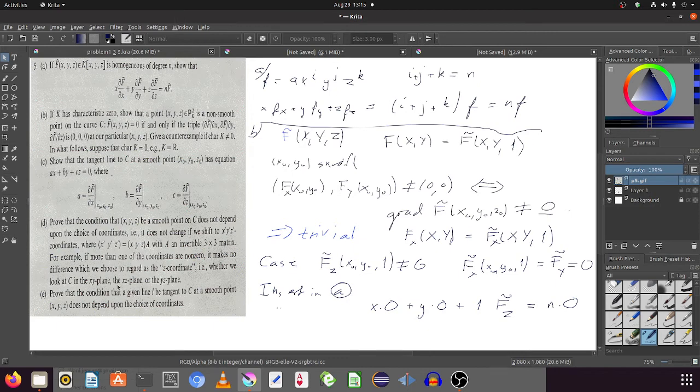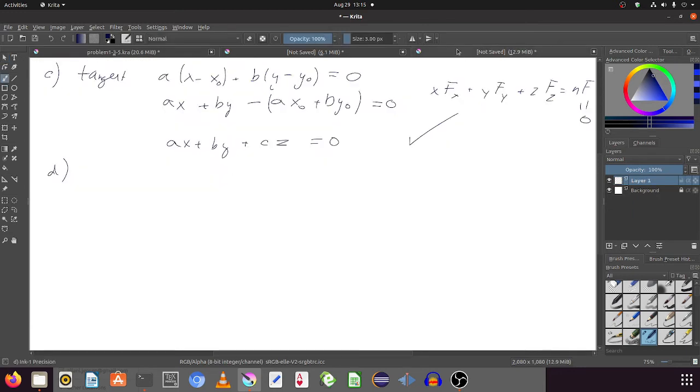Oh, this is annoying. This is easy to do on paper, and it's a little difficult to do here while recording. So we define x tilde, y tilde, z tilde by A times x, y, z.